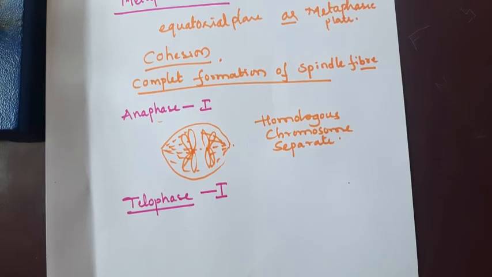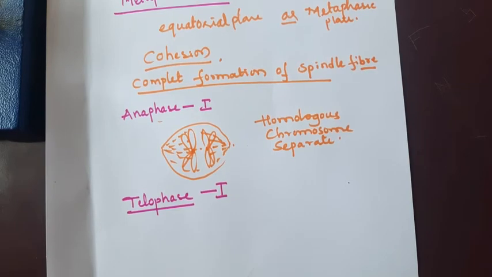The chromatin network is formed, means a coiled material like chromosome is uncoiled to form a loosely arranged chromatin material. Then the nuclear membrane and the nucleolus start reappearing again. The spindle fibers which were formed already inside the cell start disappearing.